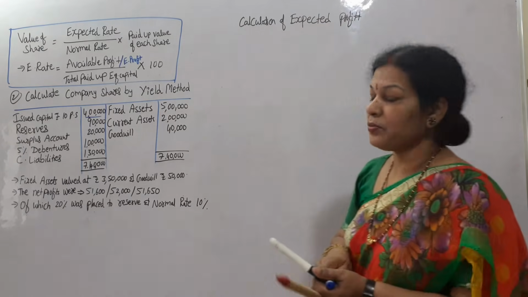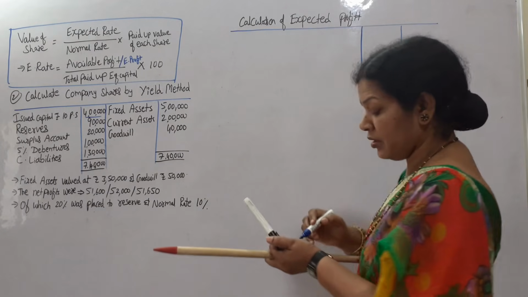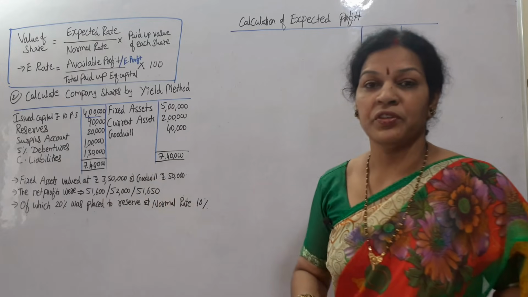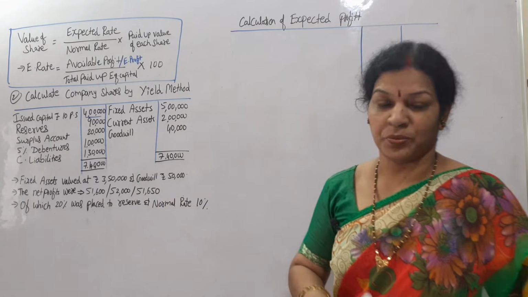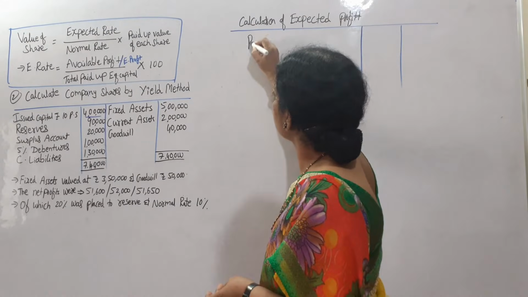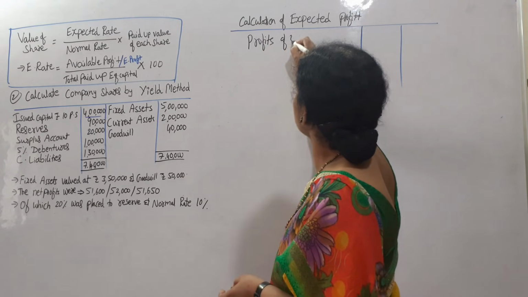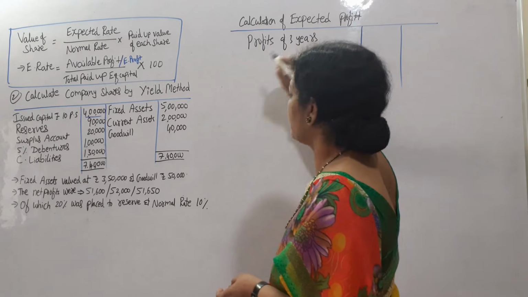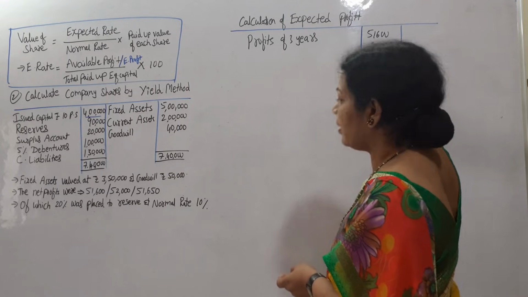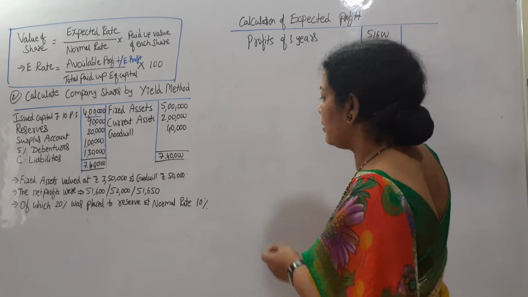For this we'll draw a small table. What is needed? Expected profit. Profits for 3 years are already given. First we'll take the average profit, same as the previous problem. The profits of 3 years are 51,600, 52,000 and 51,650.